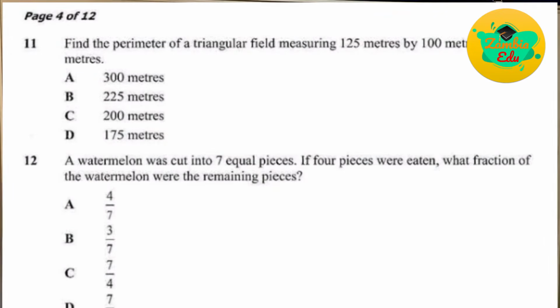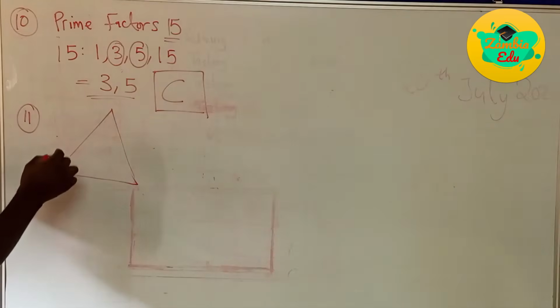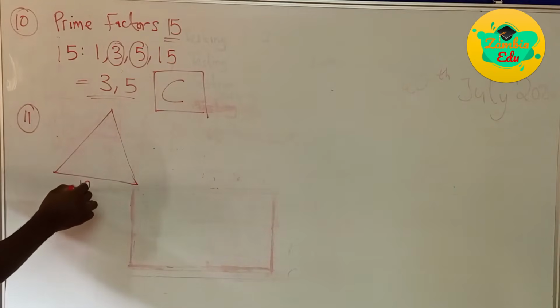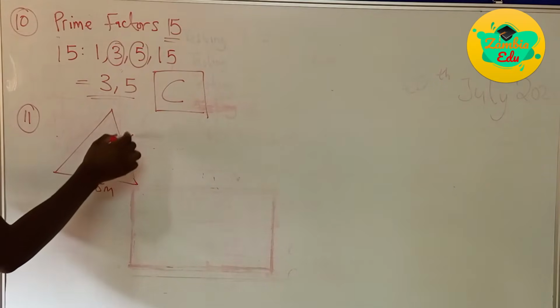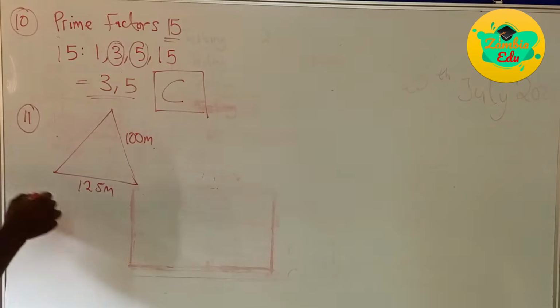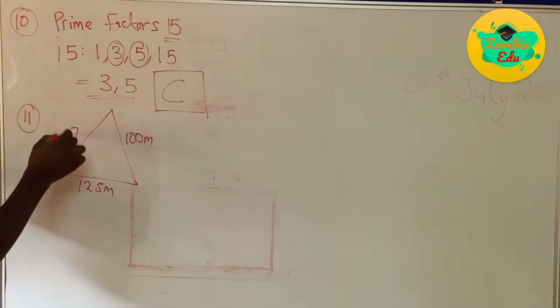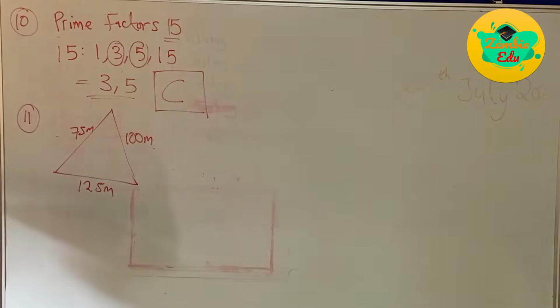One side is 125 meters, the other side is 100 meters, and the other side is 75 meters. So now the question is, what is the perimeter of this field?